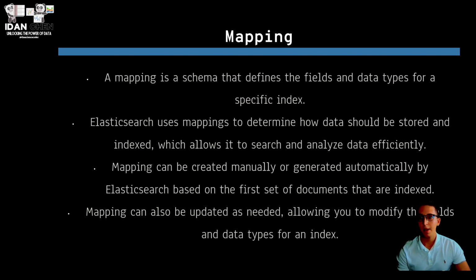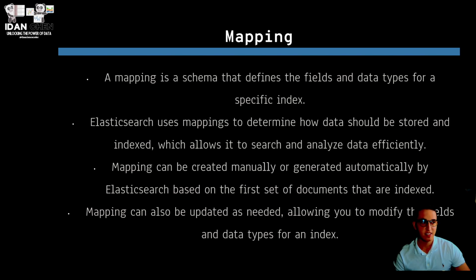Mapping. A mapping is a schema that defines the fields and data types for a specific index. Elasticsearch uses a mapping to determine how data should be stored and indexed, which allows it to search and analyze data efficiently. Mapping can be created manually or generated automatically by Elasticsearch based on the first set of documents that are indexed.